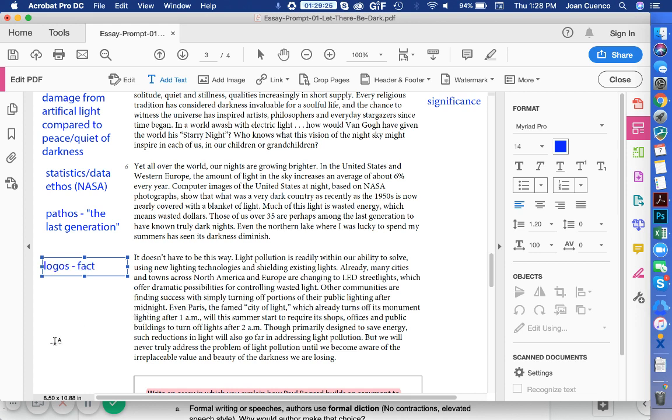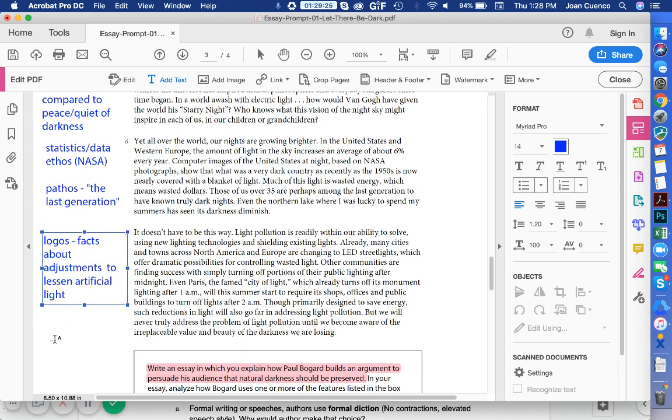These are facts about adjustments being made to lessen artificial light. He's just saying that there's hope here and that changes can be made, so we're not stuck in this bad situation. So that is the summary of what happens in paragraph 7.